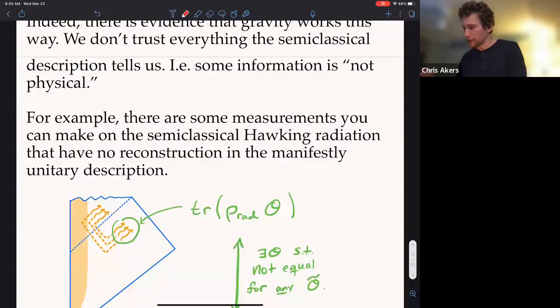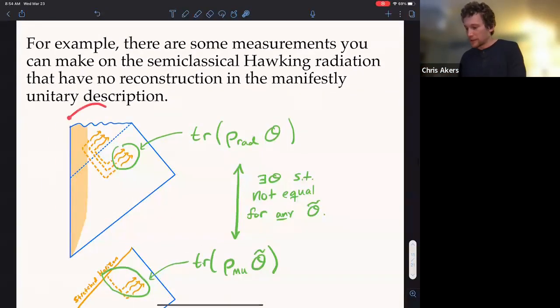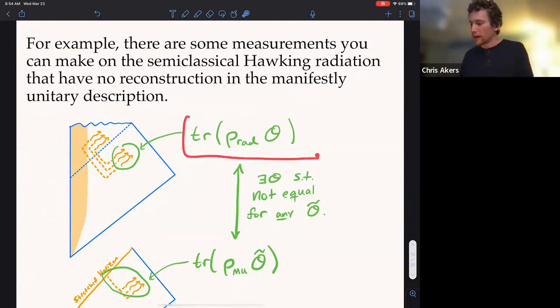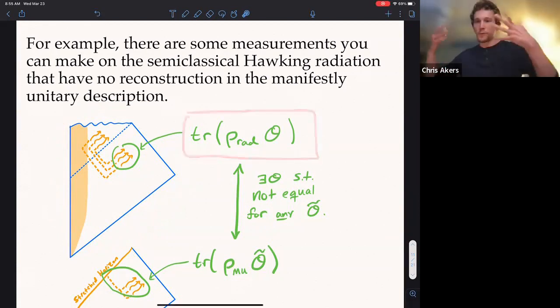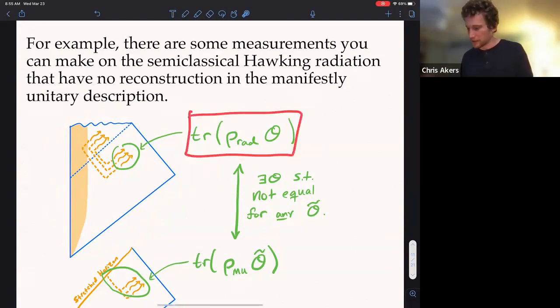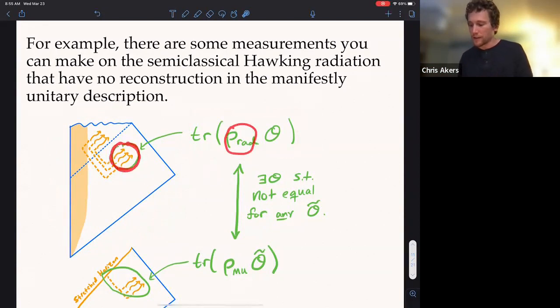So let me go here. For example, if you took the semiclassical state and thought that was the correct description of an evaporating black hole, you might perform some measurement whose expectation values are described by some quantity like this, where rho rad is the density matrix in the semiclassical description, and O is some operator.